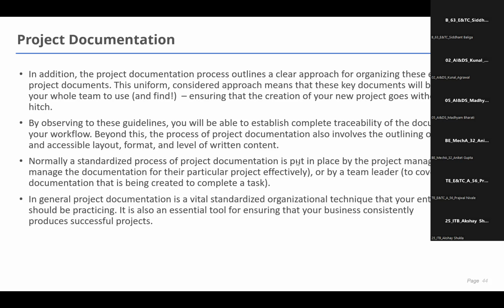This project documentation is a process which all engineers or engineering students are following. I would say even your simple one experiment that you are performing is also a kind of project documentation.